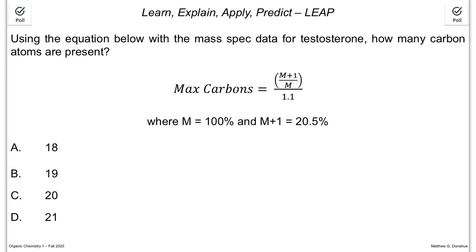So again, I've made the data a little bit easier to figure out here. These are those percent abundances. The parent is 100%. M+1 is 20.5. So you put 20.5 divided by 100, divide all that by 1.1. And why is this telling us the exact number of carbons? Again, it's due to that C12 to C13 ratio.